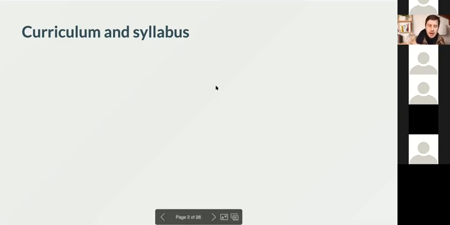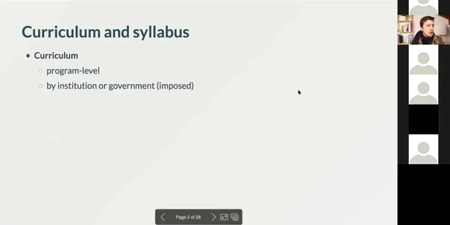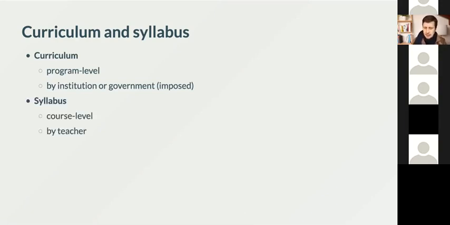And both things are the planning or the setup of the ideas or the plan of a general course or program. But the typical difference between curriculum and syllabus is that usually a curriculum is at the program level and the syllabus is at the course level. So that's the typical difference.